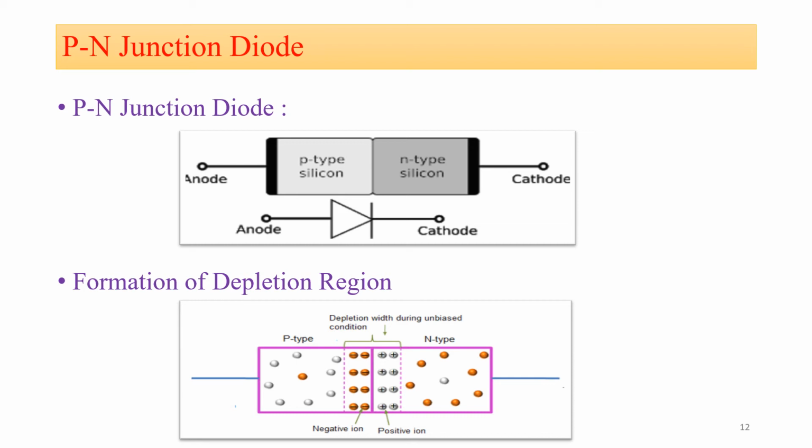Thus, there exists a wall near the junction with negative immobile ions on the p side and positive immobile ions on the n side. There are no charge carriers in this region, so this region is depleted of the charge carriers, hence it is called a depletion region.